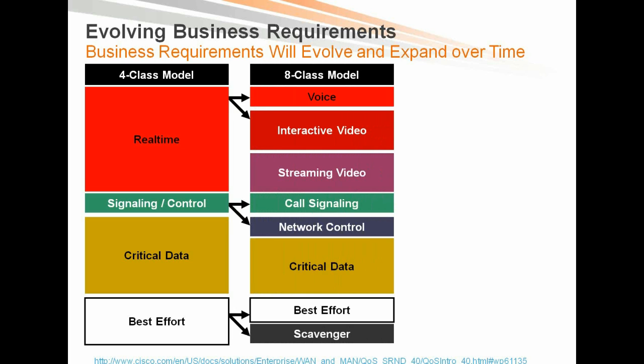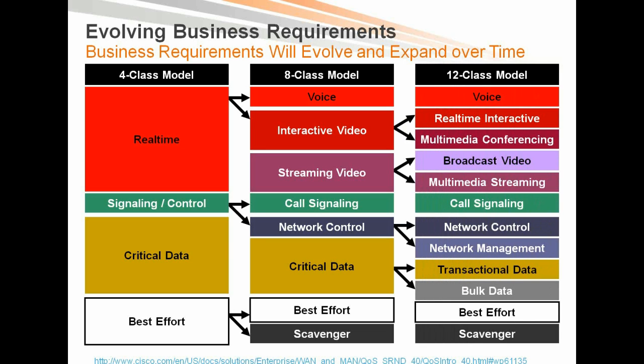Most customers evolve from a 4 to a 6 to an 8 class model after they integrate quite a bit of video into their network. But unless you really have a requirement to move to an 8 class model, it's generally not recommended. We want to keep things from a QoS perspective as easy as possible. And so when customers talk about moving directly to a 12-class model, we hope that they take into consideration the management that it requires to look at all of the classification criteria, manage all of those ACLs associated with it, and focus in on the management of all of those individual classes.